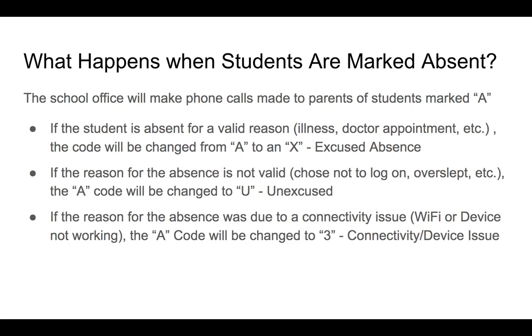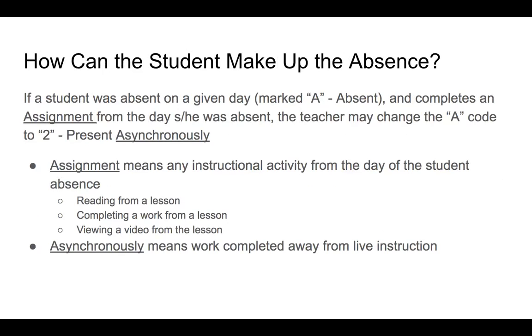If the reason for the absence is not valid, such as the student chose not to log in or overslept, the absence code A will be changed to U, unexcused absence. If the reason for the absence was due to a connectivity issue, the Wi-Fi or device not working, the A absence code will be changed to 3, connectivity issue or device issue.